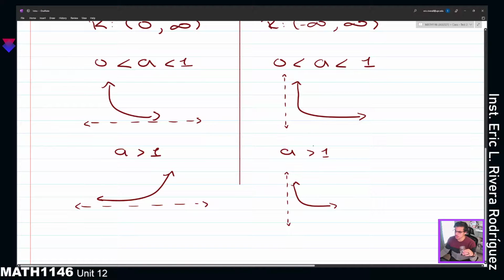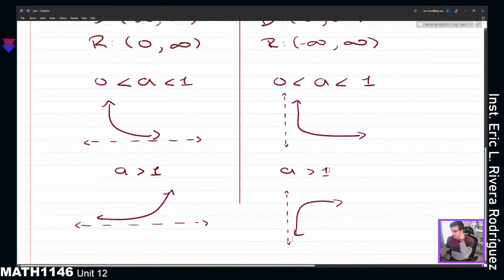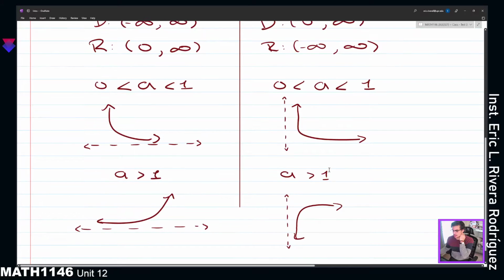We are not going to use the shape too much here. The correct one is this one. But it is good to know that the shape of the logarithmic function is going to be like this. Okay, so those are the shapes of the functions.